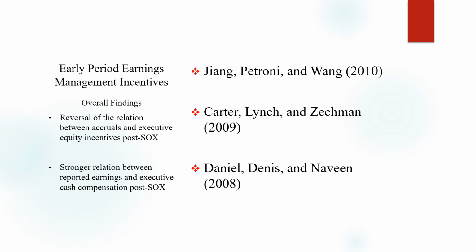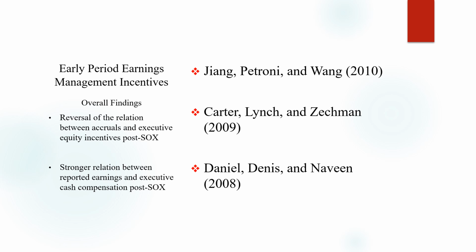There became a negative relationship between accruals and executive equity incentives. And that's backed up by Carter, Lynch, and Zekman in 2009. Right? They looked in the post-SOX period, and what they found is a stronger relationship between CEO cash compensation and reported earnings following Sarbanes-Oxley. So what this suggests to us is that there's an increased level of trust in reported earnings after Sarbanes-Oxley.